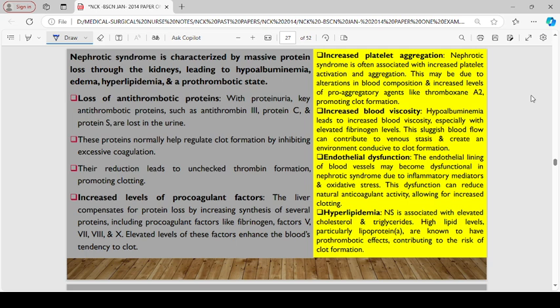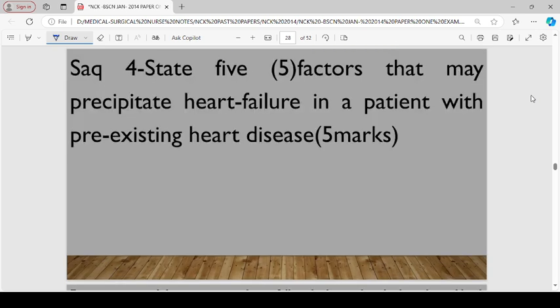This dysfunction can reduce natural anticoagulant activity, allowing for increased clotting. Lastly, nephrotic syndrome is associated with elevated cholesterol and triglycerides. High lipid levels, particularly lipoproteins, are known to have prothrombotic effects, contributing to the risk of clot formation.